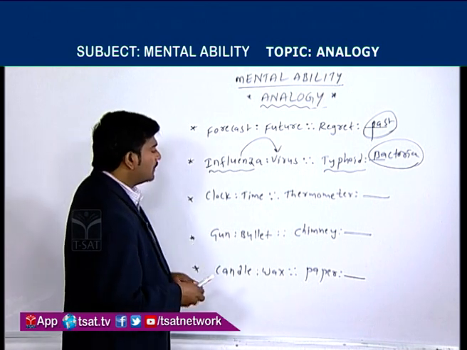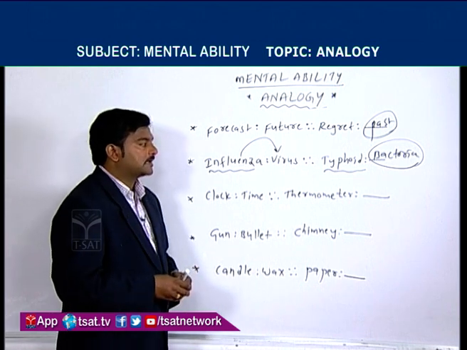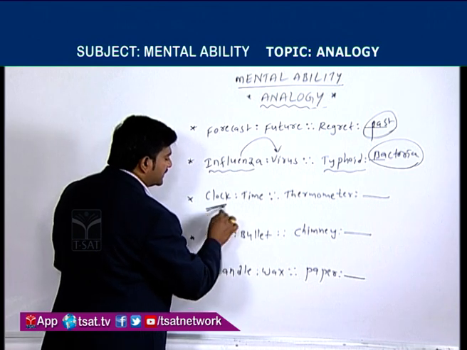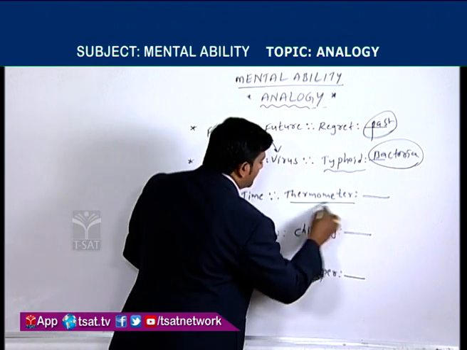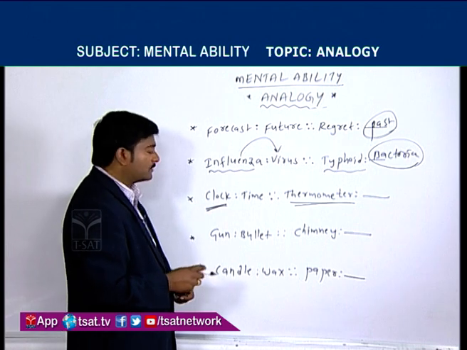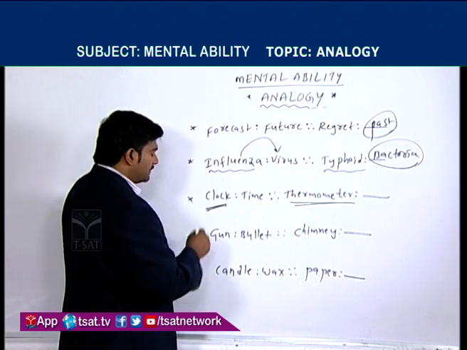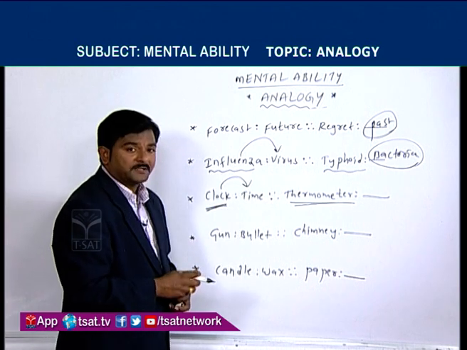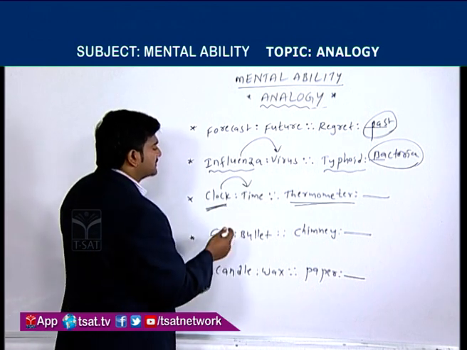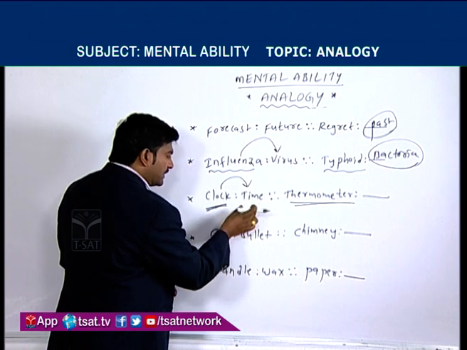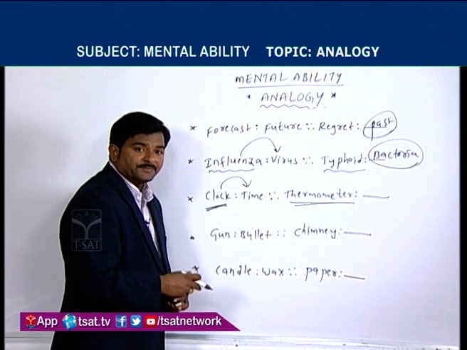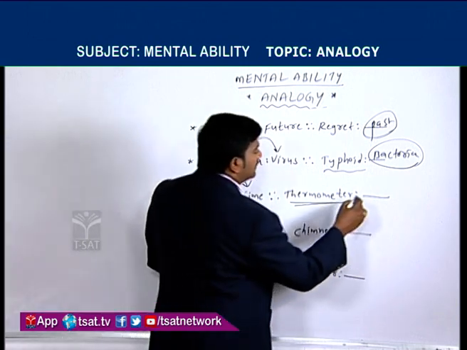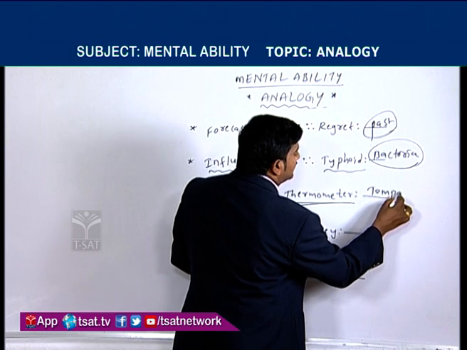See, observe here: clock, time, thermometer, dash. One thing is clear, clock is a kind of machine. Similarly, thermometer is a kind of machine. What is the use of this clock? With the clock we can find out the time, or in reverse, time can be measured by using a clock. Similarly, thermometer is used to measure the temperature.